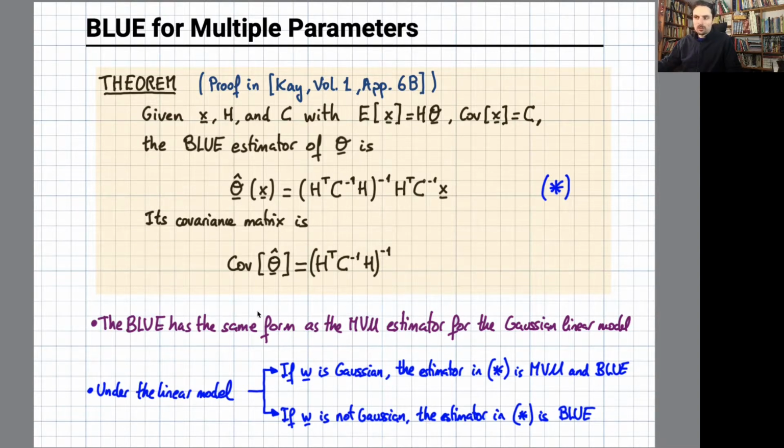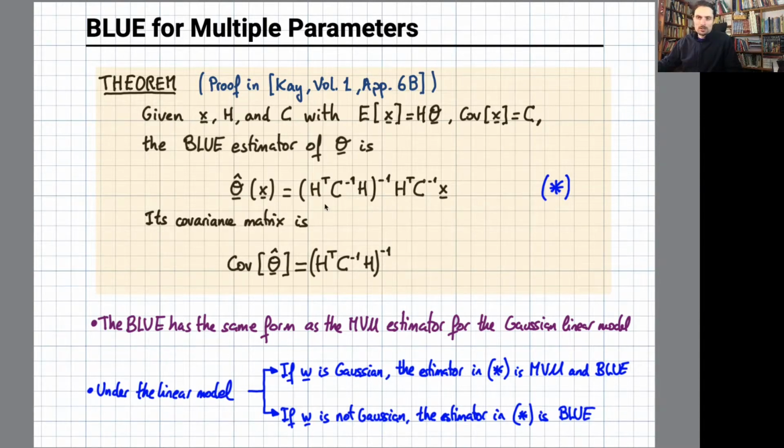So that means that whenever we find ourselves trying to estimate the parameters in a linear model, we may just use this estimator, and we will have different degrees of theoretical support.